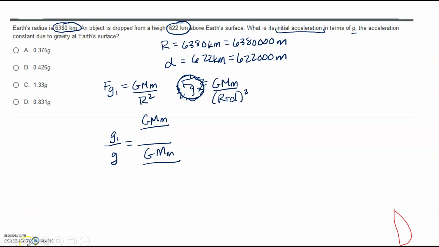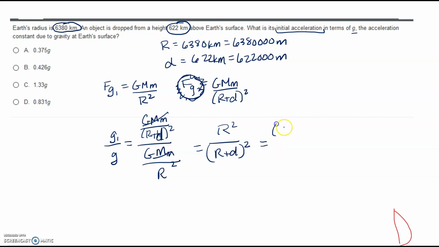Erase this. Go back to my pen. This is R plus D squared. R squared. So these cancel, and I end up with R squared over R plus D squared.